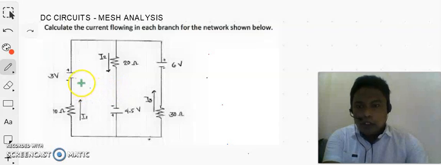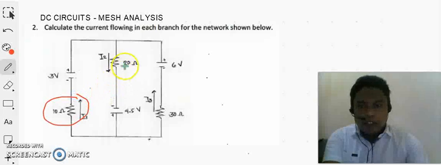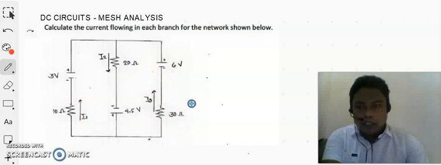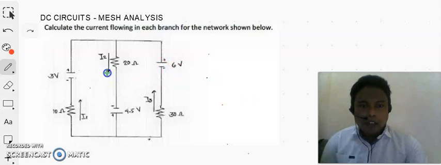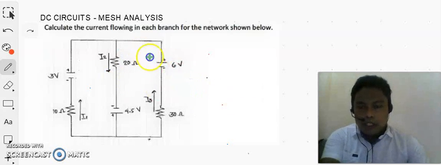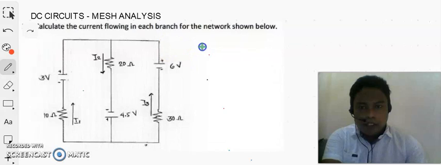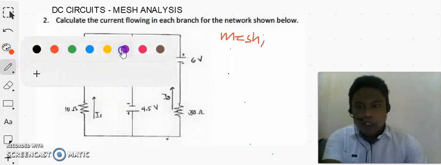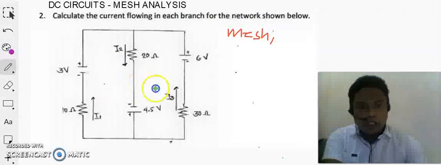So we're going to solve for the current for the 10 ohms, the current for the 20 ohms, and the current for the 30 ohms. For our technique, we're going to use mesh analysis. If you're using mesh analysis, you need to assume the loop currents.